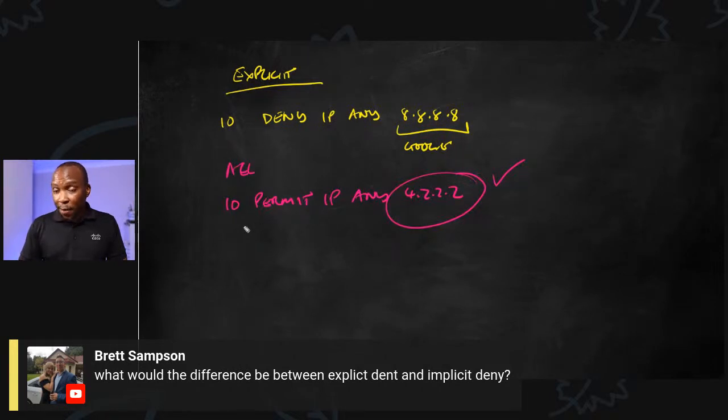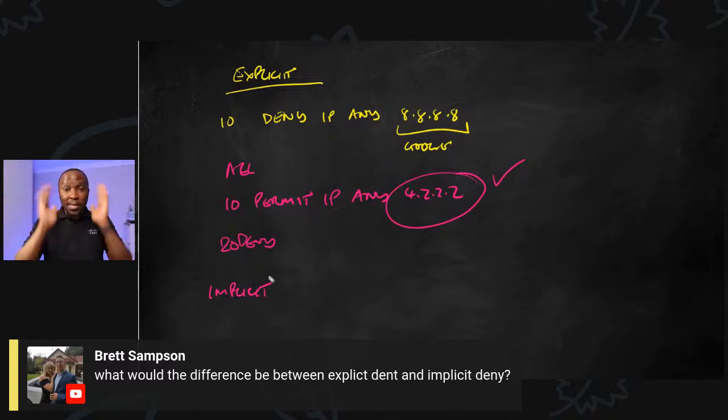I don't have to type anything. I don't have to say deny any. No. At the bottom of every access list, there's a deny. So because of that deny statement, that is an implicit deny. I don't type anything. It's there. So if you don't permit anything on an ACL, everything's going to be denied. Why? Because every access list has an implicit deny.